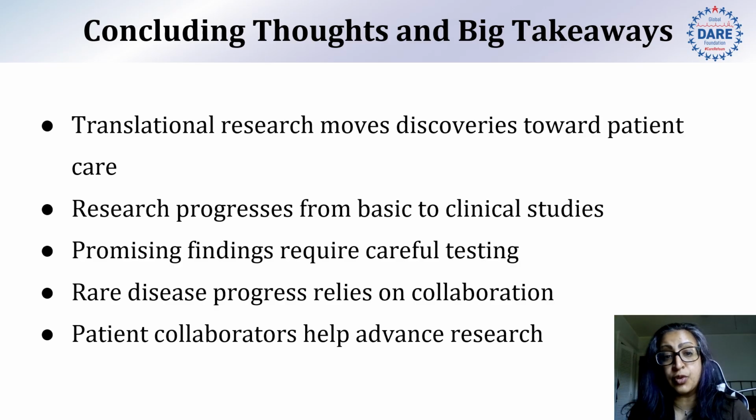It's also important to remember that not every promising discovery becomes a successful therapy, which is why careful research is so essential, especially for rare diseases like adult refsum disease. Progress in research depends on strong collaboration between researchers, clinicians, patients, and families.